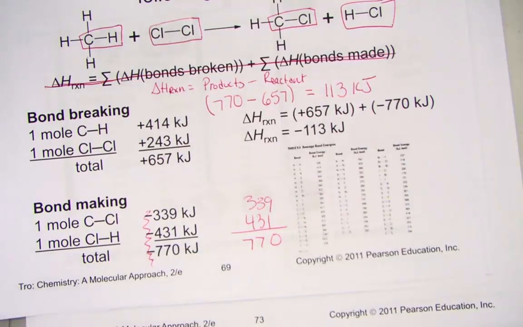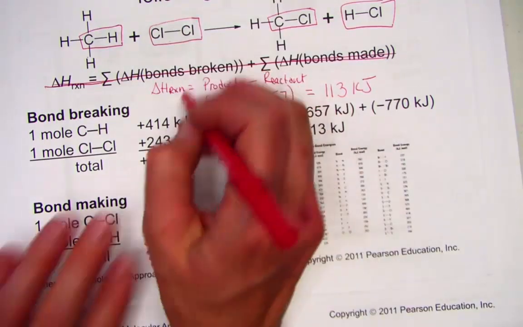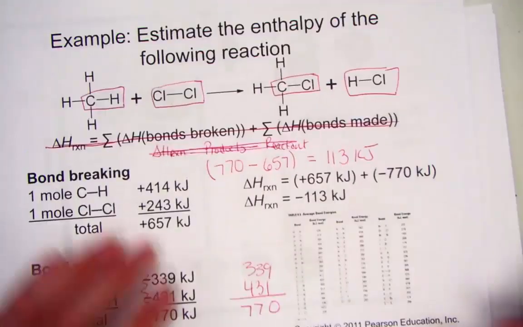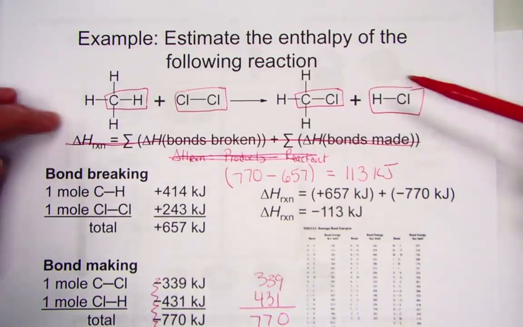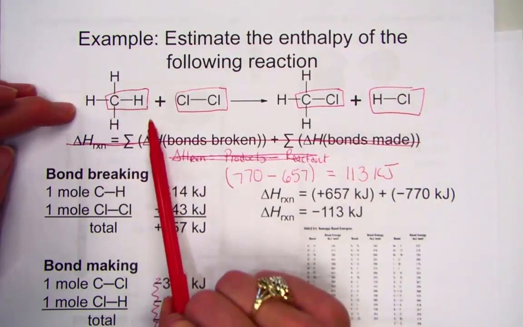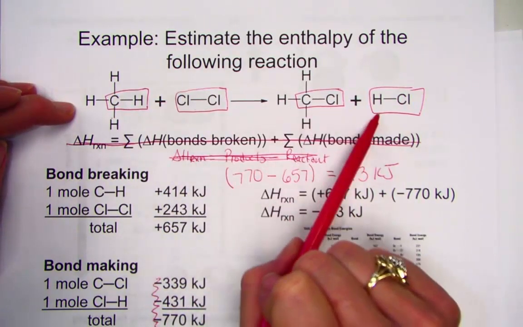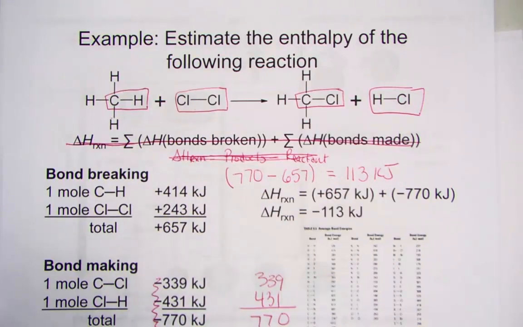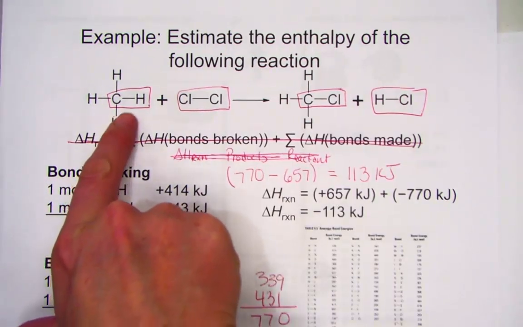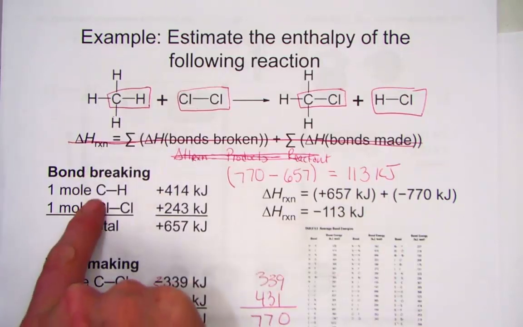Now let's take a peek at an actual problem. I wrote on this, I apologize. I'm going to read through my writing. We have CH4 plus Cl2 giving CH3Cl and HCl. And what's nice is that they've actually drawn the structures for us. On the left side, I can see that a carbon to hydrogen bond had to be broken.